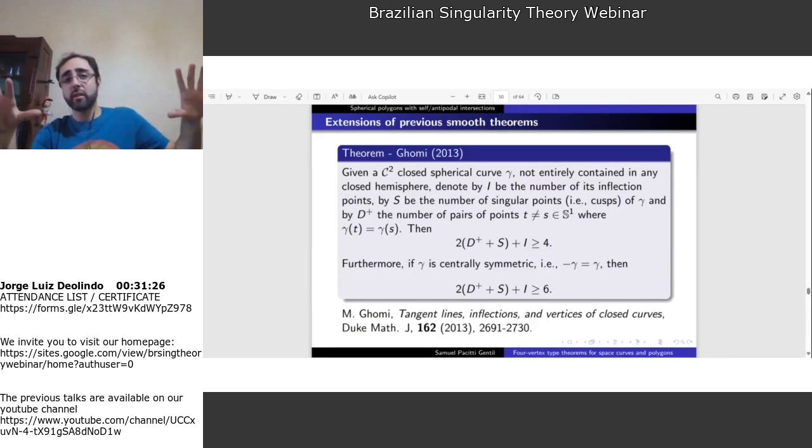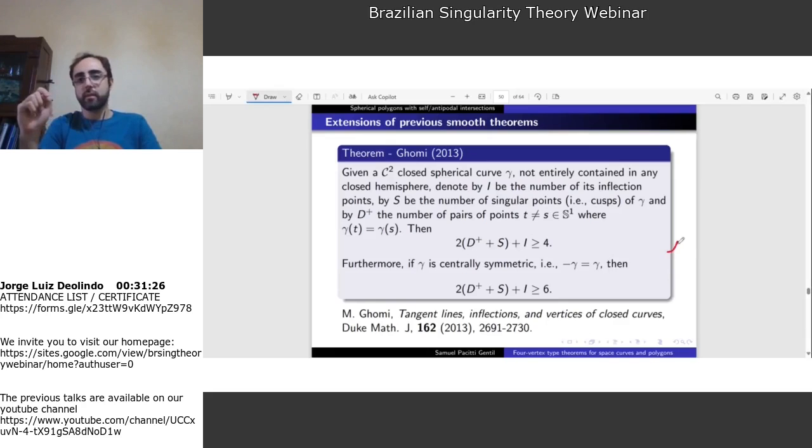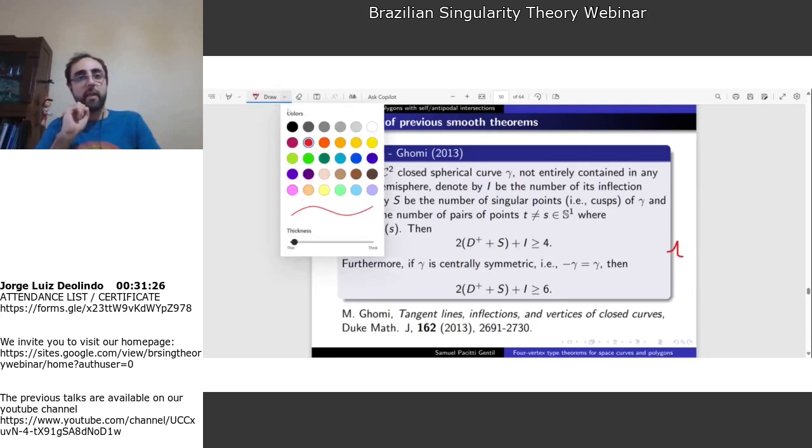He proves actually some extensions of Sagra's original theorem, and also his theorem that we saw some slides ago, allowing the curve to have self-intersections, which is denoted by D+, and also what he calls singular points. Singular points are simply cusps. Something like that. This is a singular point here.